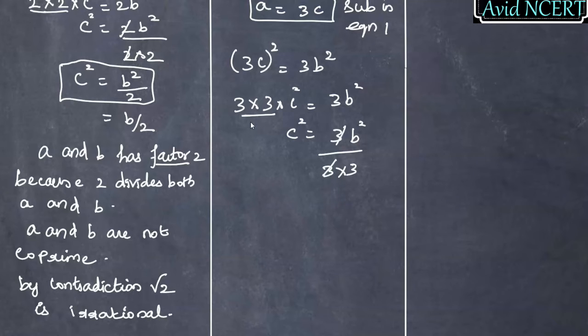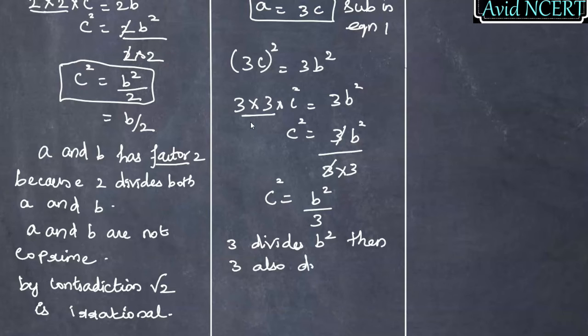So 3 cancels, which means c square equals b square by 3. When 3 divides b square, then 3 also divides b.